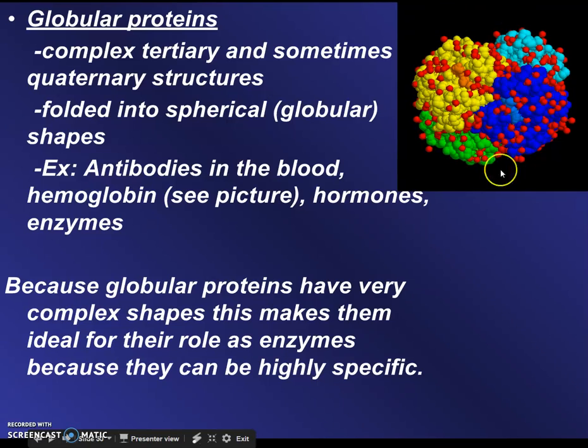This is actually hemoglobin, a digital interpretation of what hemoglobin looks like. Hemoglobin is the protein that actually takes oxygen to your cells in your blood. Hormones are globular proteins and enzymes, which I will talk about in a minute. Because globular proteins have very complex shapes, this makes them ideal for being enzymes.